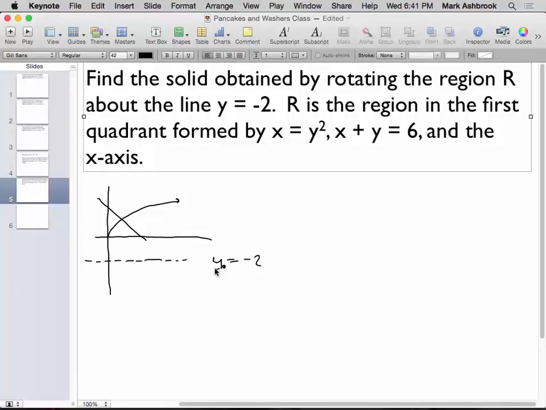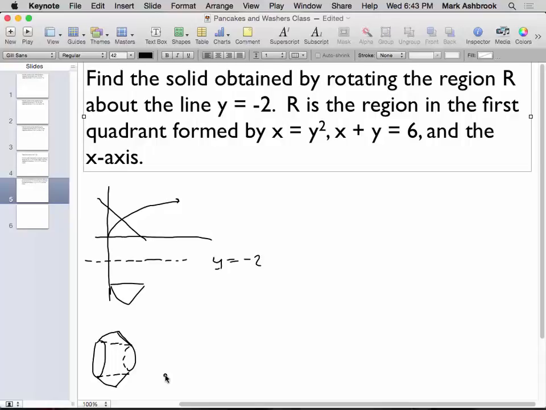And we said to get, all right, so then when we rotate that, what do we get? Something like that. So this is like a napkin holder or something.